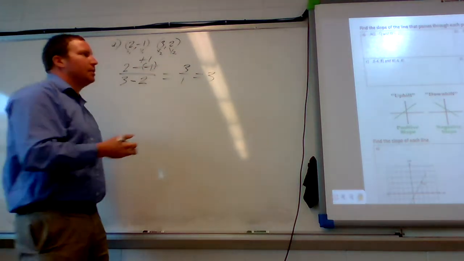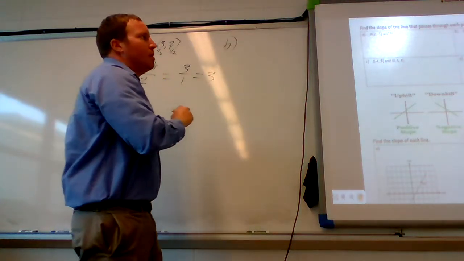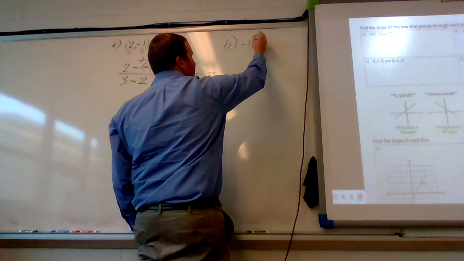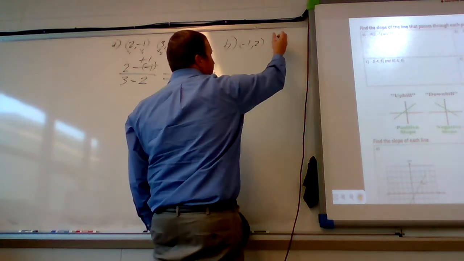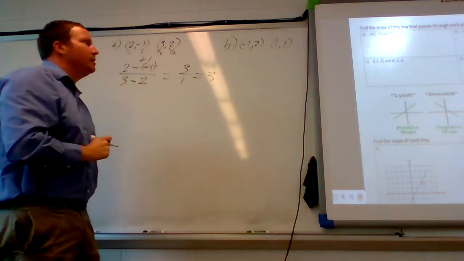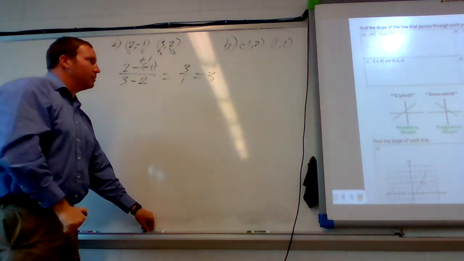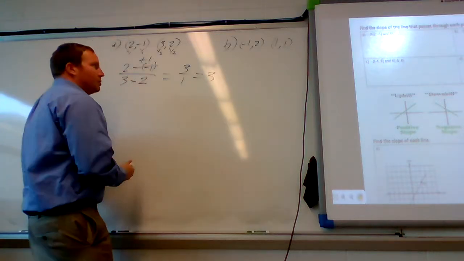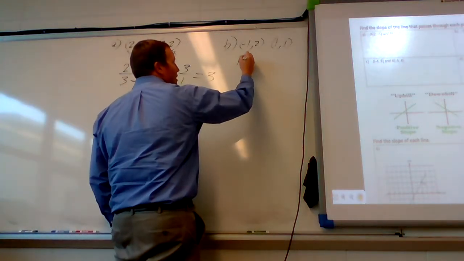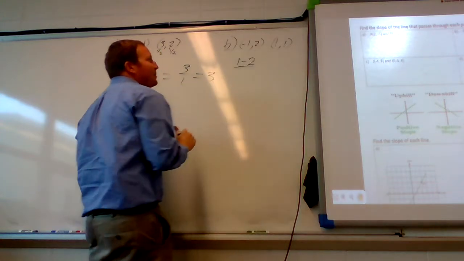Okay? So 3 is still 3 over 1. Let's look at B. We have negative 1, 2, and 1, 1. So those are our 2 points. So how can we set that up? You've got to do y2 minus y1. So 1 minus 2.